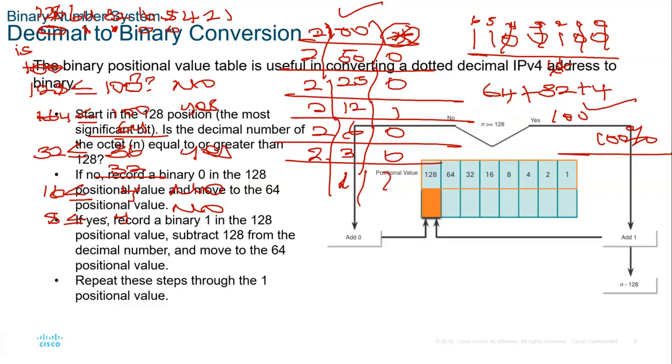So we go to the next one, which is 4. Is 4 less than or equal to 4? The answer is yes. You record the 1, and then you subtract 4 here. You remain with 0, meaning that these other bits are also zeros.